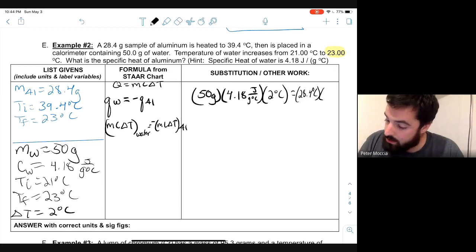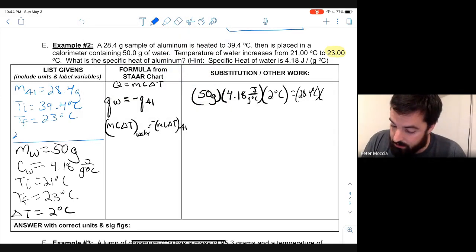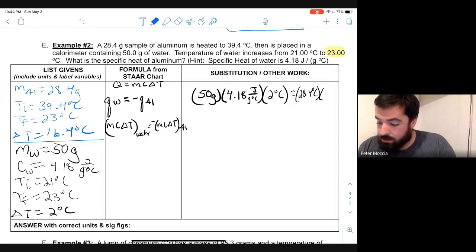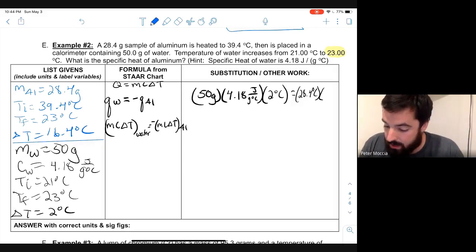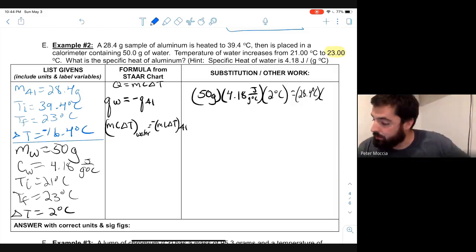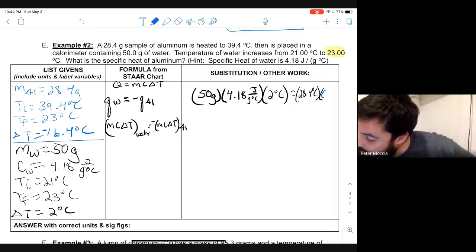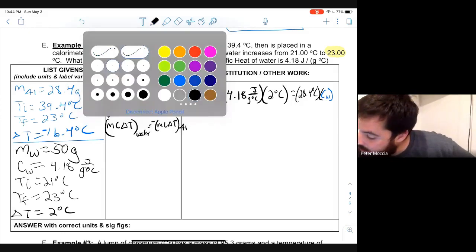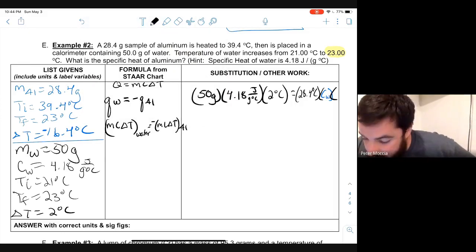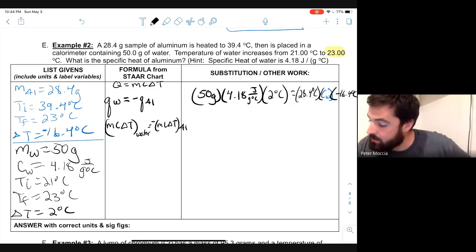In this case, delta T is equal to 16.4 degrees Celsius, and it's TF minus TI, so this is negative 16.4 degrees Celsius. What we want to find is CW, right? And then this is negative 16.4 degrees Celsius.